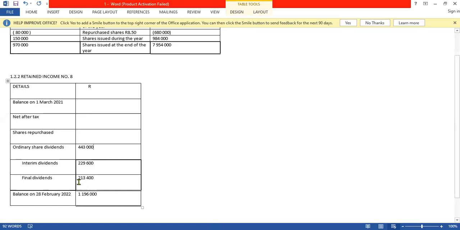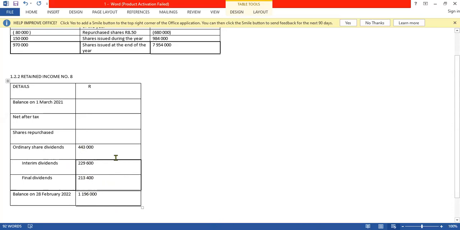Note that the 213,400 is the amount we're going to pay in the next financial year, meaning at the beginning of the year, before we pay interim dividends, we're going to pay this one first that we declared, right?